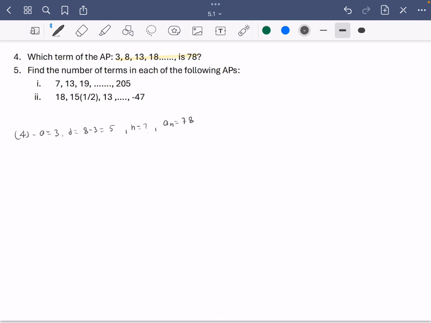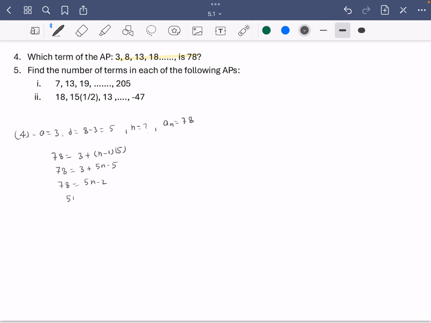We can use the general term formula. 78 is going to be 3 plus n minus 1, to find out n, times 5. It's going to be 3 plus 5n minus 5. 78 is going to be 5n minus 5 and 3 is going to be minus 2. 5n minus 2.